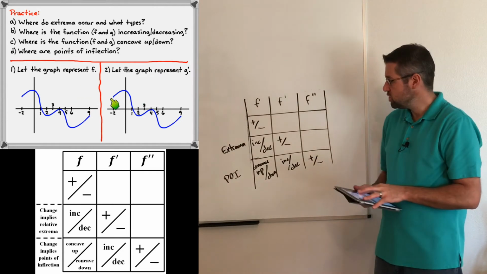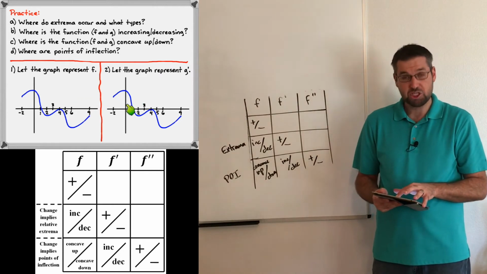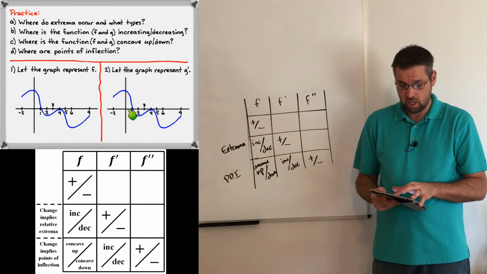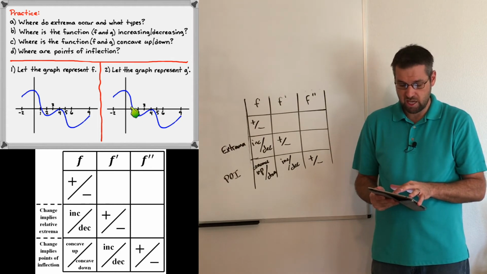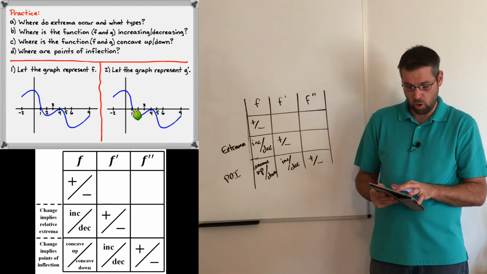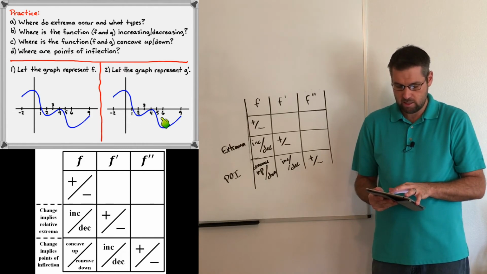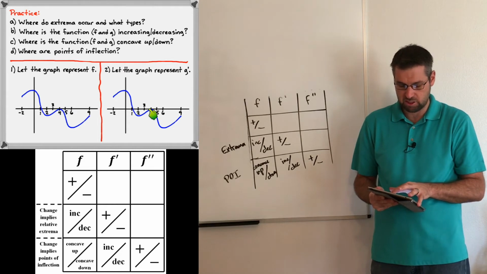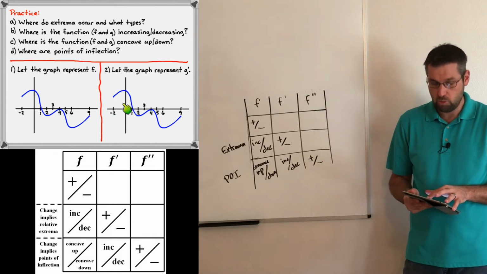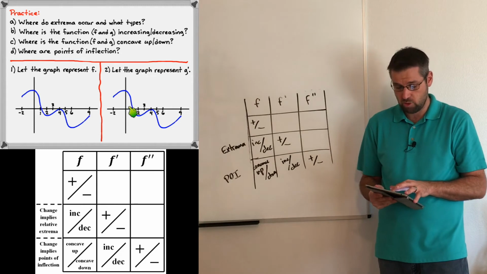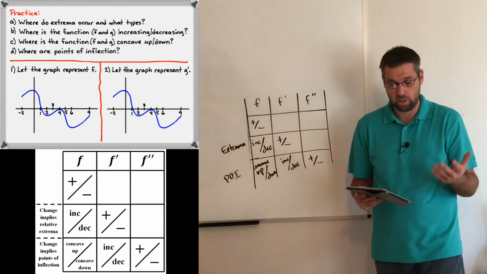We can see that g prime changes signs at 1 point, around 1, and that's it. There is no change in signs anywhere else. It did not change signs at x equals 4. So g has an extrema when g prime changes signs, which is at about 1.